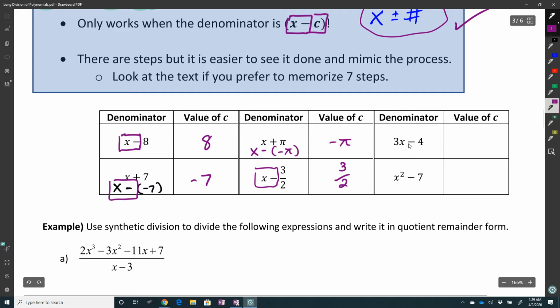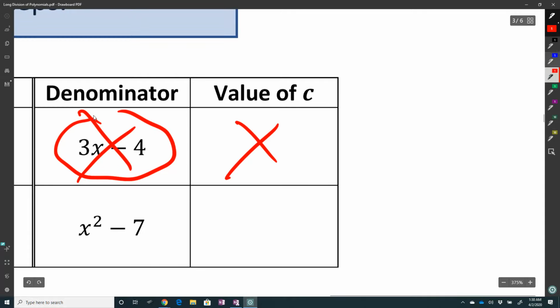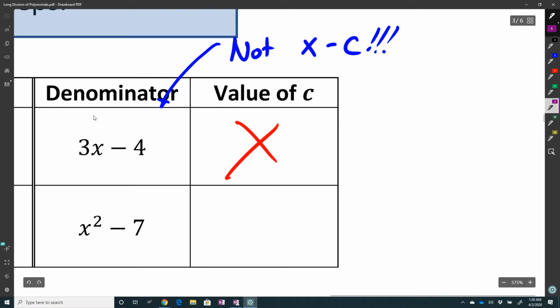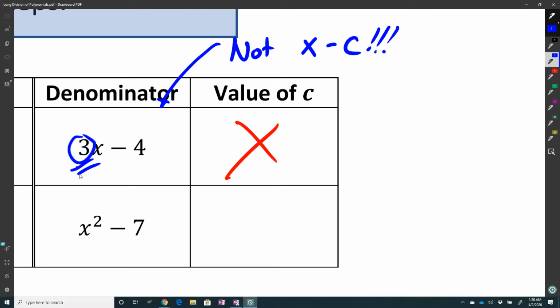All right, now here I did this on purpose, 3x minus 4. This does not match the format. Okay, so notice that this problem has a number in front of the x, and because of that number, it's not x minus c, so there's no value of c.